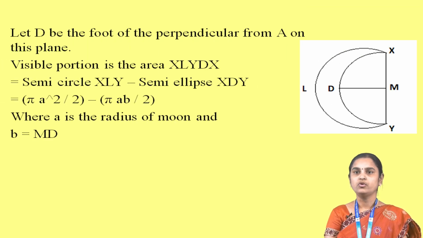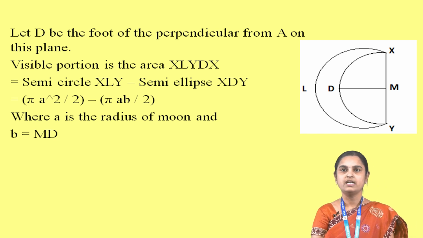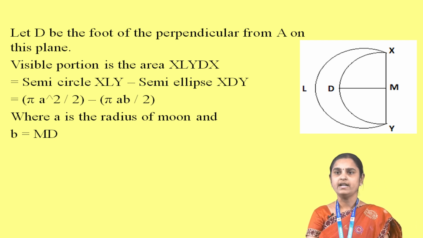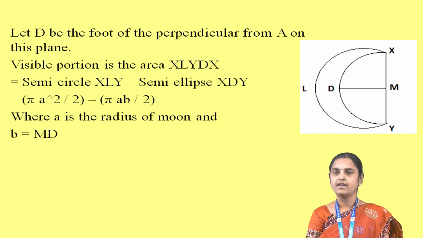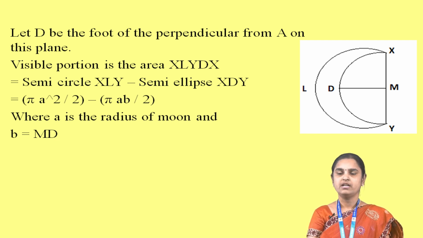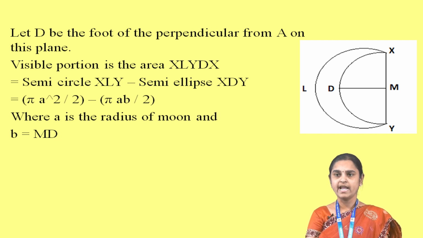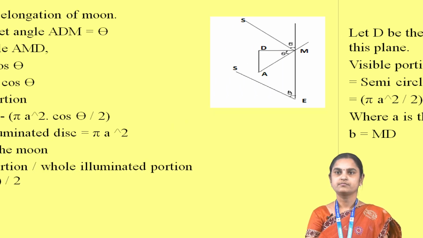Let D be the foot of the perpendicular from A on this plane, so that the visible portion, the area XLYDX, we can split as semicircle XLY minus semi-ellipse XDY. Using the area formulas, we get pi A squared by 2 minus pi AB by 2, where A is the radius of moon and B equals MB.